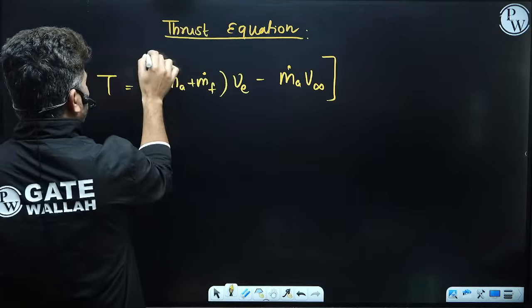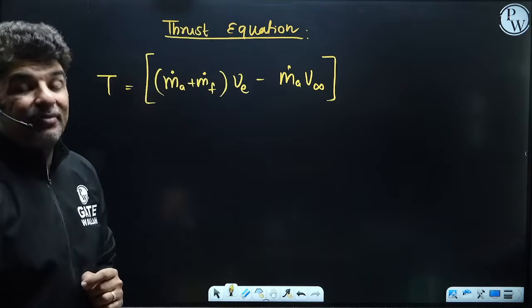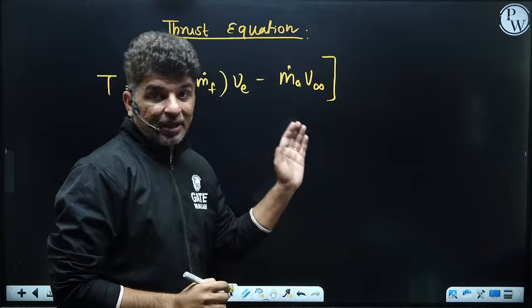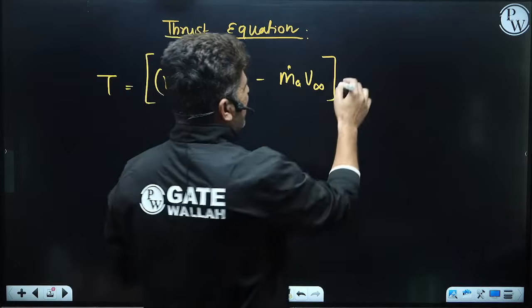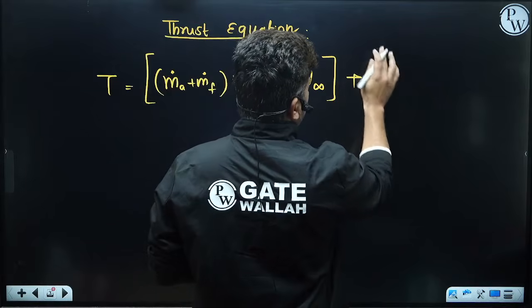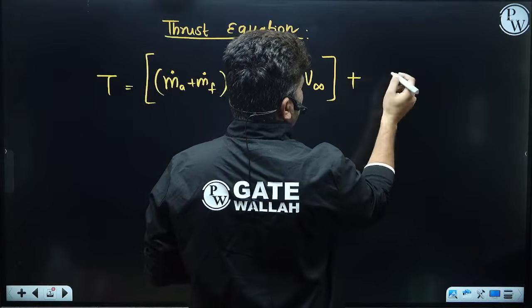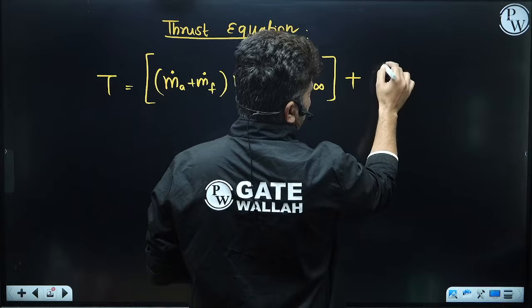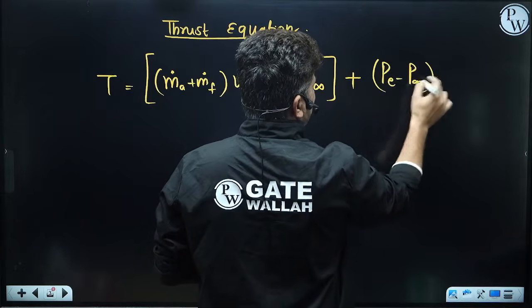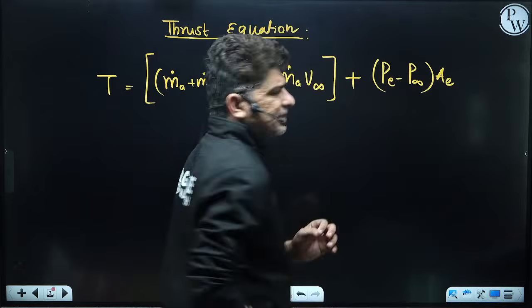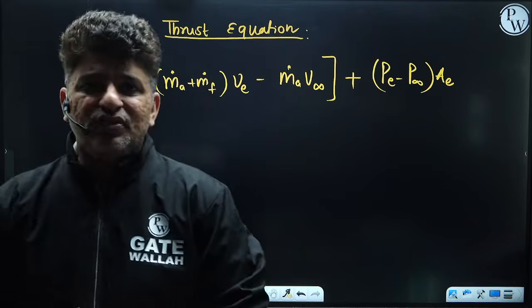This is the term which was coming from the change of momentum. In the last lecture we had seen Newton's second law and Newton's third law. And then there is one more term which comes from the pressure term, that is P exit minus P infinity multiplied by the area of exit. These were the two terms which we had discussed.